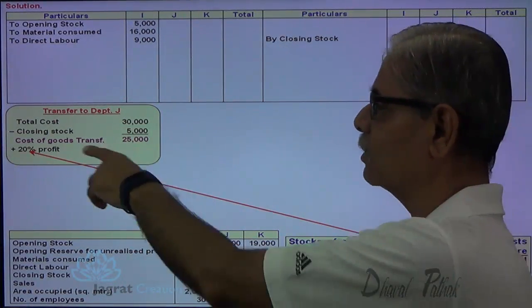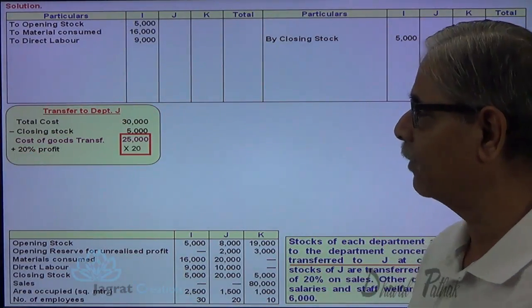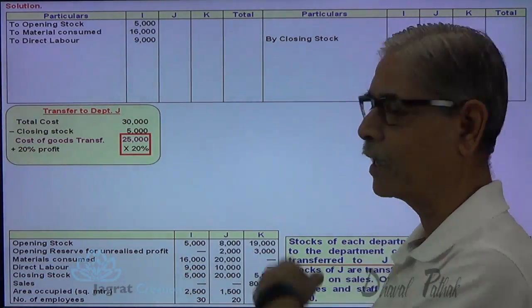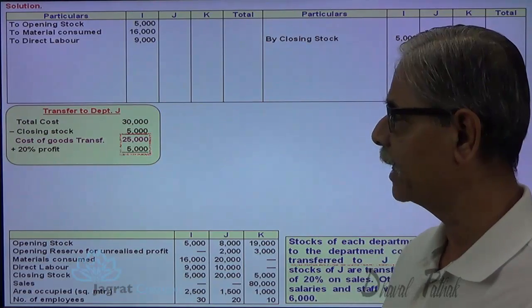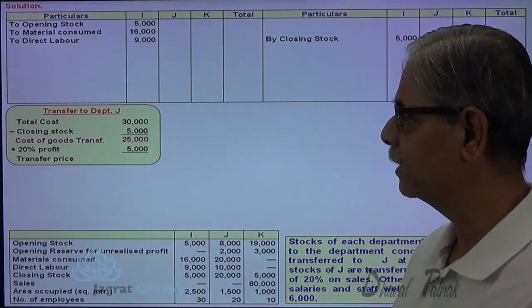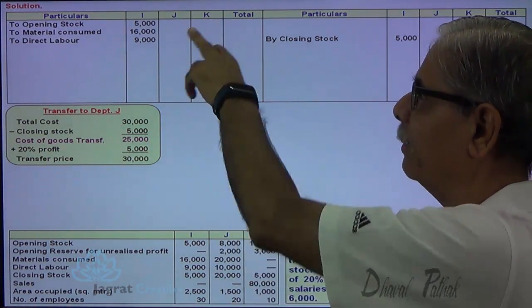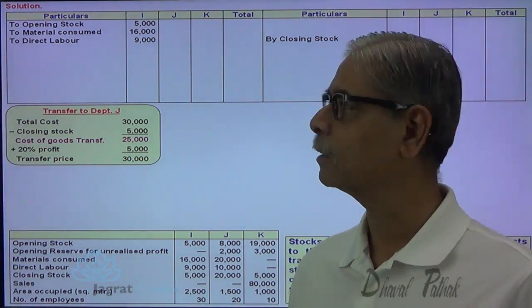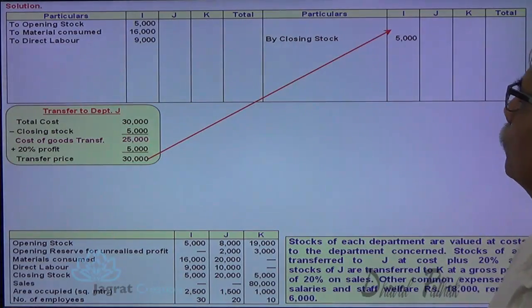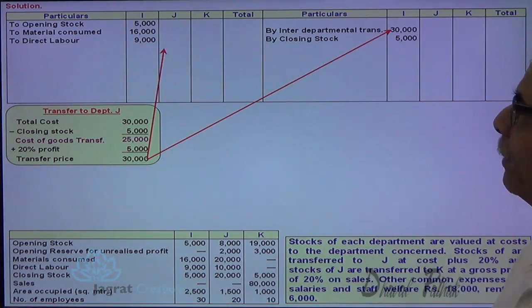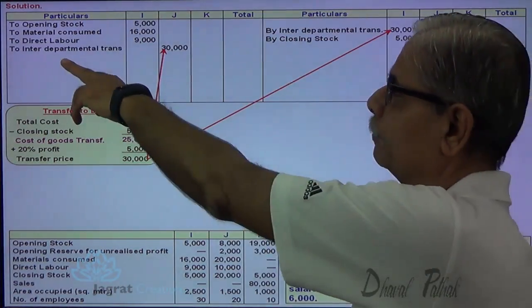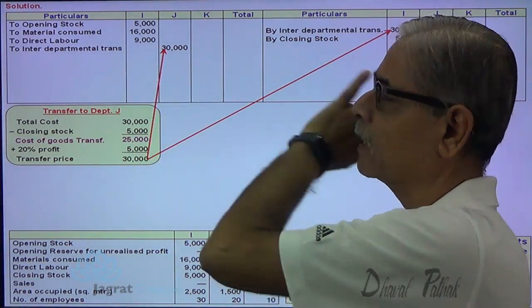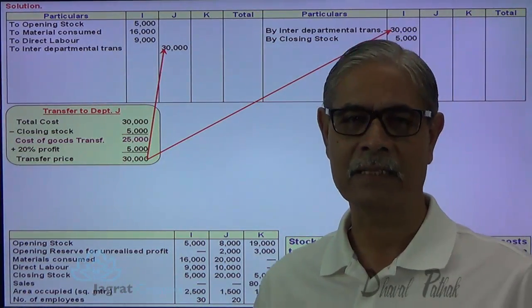So 25,000 into 20%, 5,000 is the profit added. So transfer price is 30,000. Debit the receiver, credit the giver. Department J is the receiver, Department I is the giver. So credit the giver and debit the receiver. So inter-departmental transfer 30,000. This is how it gets recorded.